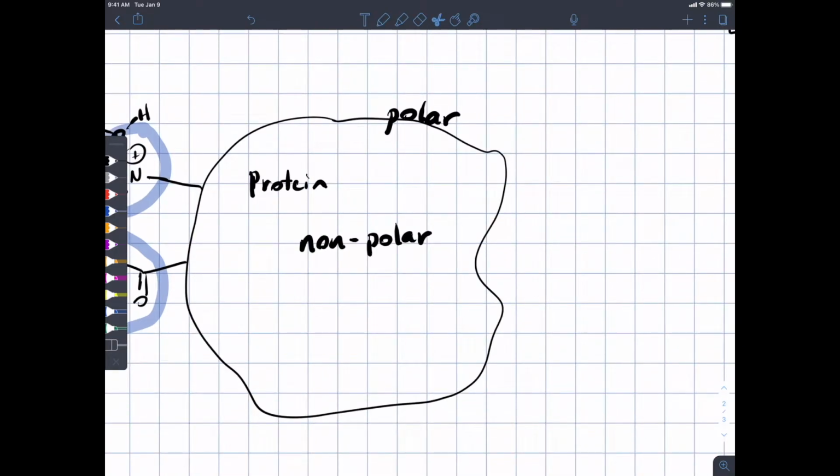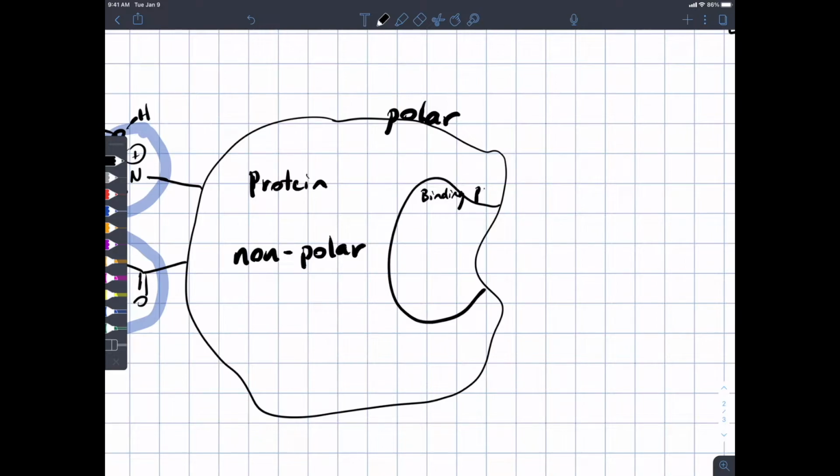One example of an interior of a protein that you might think about would be if this protein had some sort of binding pocket, which is often lined with nonpolar residues.